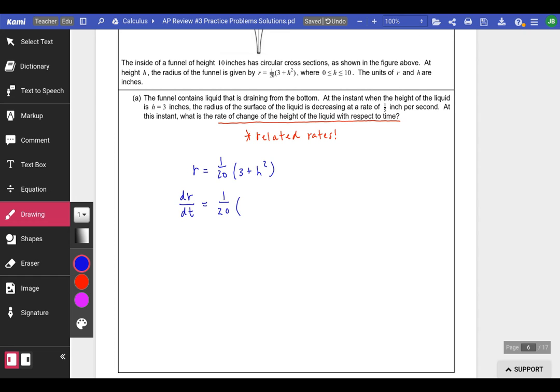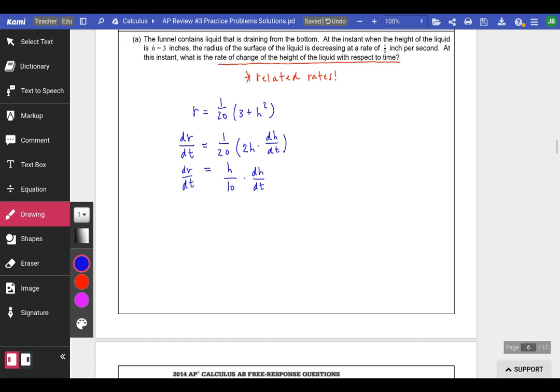Now, the derivative of 3 is just going to be 0. The derivative of h squared is 2h. And then I have to multiply by dh/dt. So now if I simplify that, 2 over 20 is going to give me 1/10. So I have h over 10 times dh/dt, and that's equal to dr/dt.